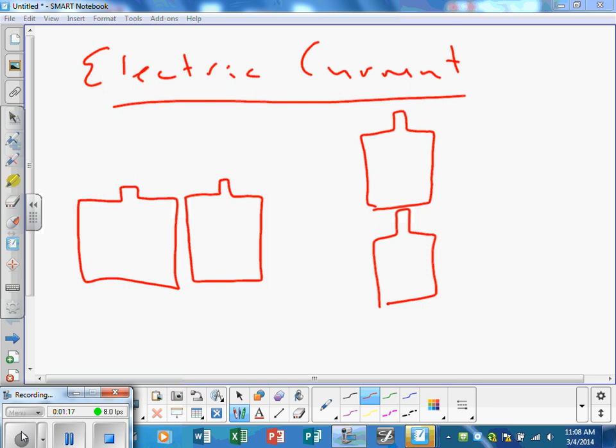These are the two ways to attach batteries. If I attach both the tops and both the bottoms, and then I run it through some type of circuit, then this situation is called parallel. So these batteries are attached in parallel. If you look at each individual cell, you'll see that there's a plus on this side and a negative on this side.